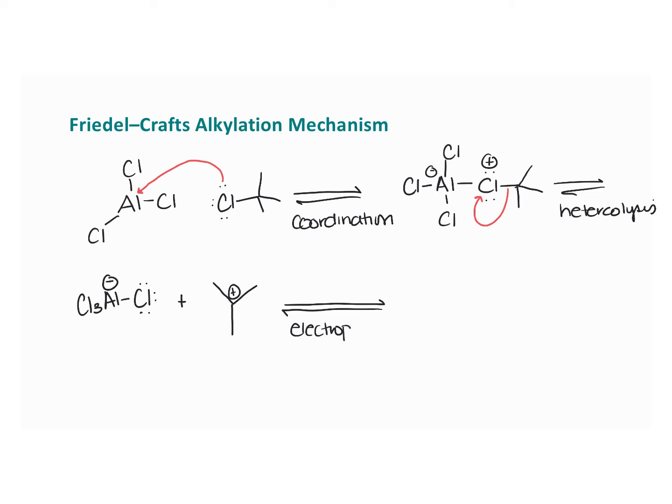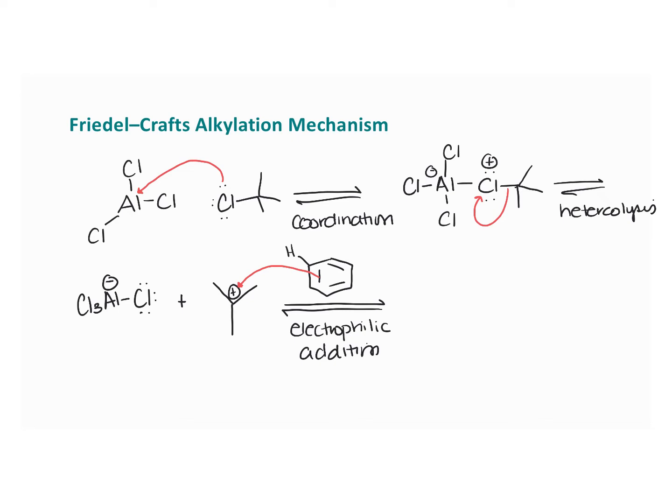Now, we have an electrophilic addition reaction next, just like what we've seen before, where we have the benzene ring here. And what happens is that these electrons are going to come down and attack that positive carbocation there.